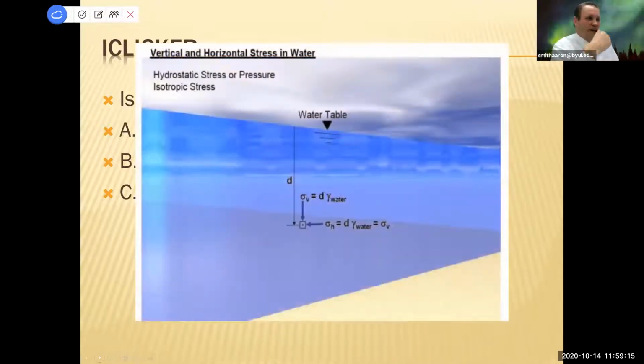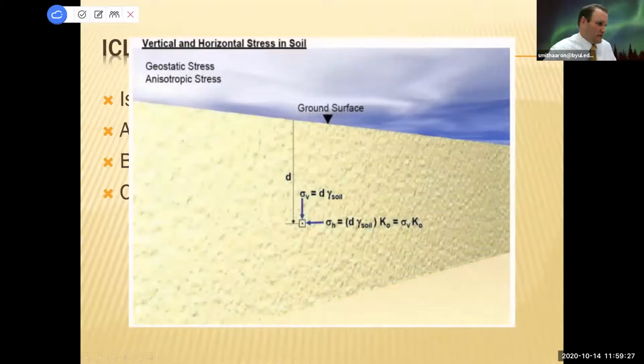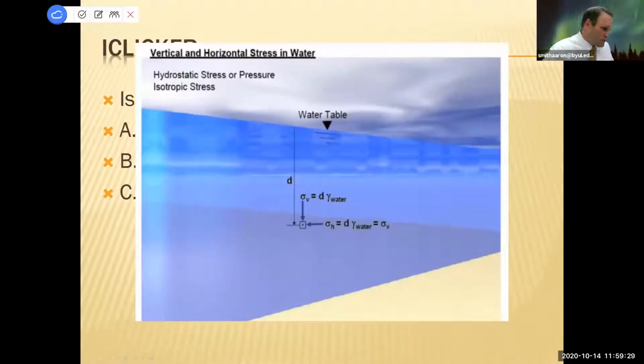This is kind of a diagram to help you explain it. If you're in a swimming pool and you were this little square particle right here, the vertical pressure that you feel is equivalent to the depth that you're in the water times the unit weight of water.